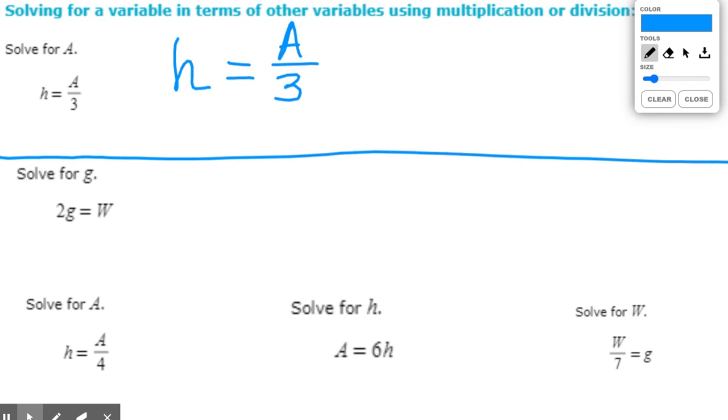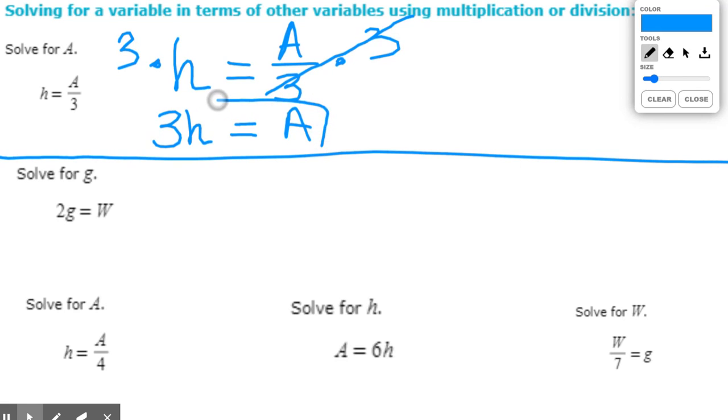Well, if I want a by itself and a is being divided by 3, the opposite of dividing by 3 would be multiplying by 3, which means I need to multiply both sides by 3 to free my a. So a divided by 3 then multiplied by 3 cancels out, and we're left with just a. And 3 times h is equal to 3 groups of h. And that's our final answer.